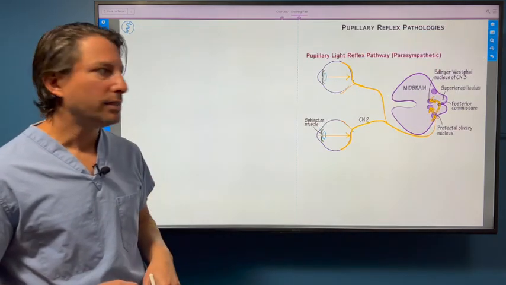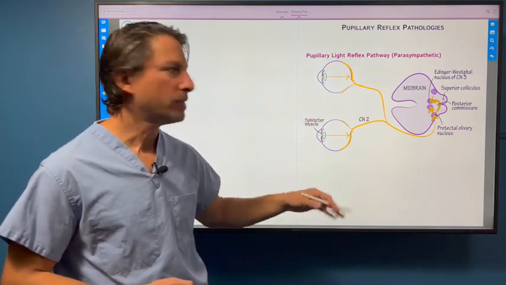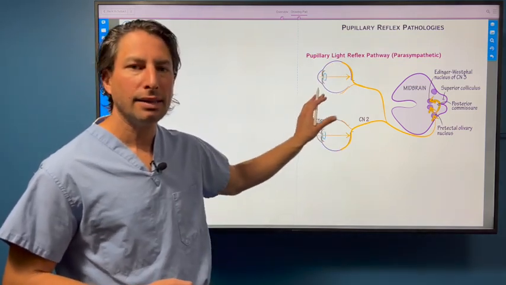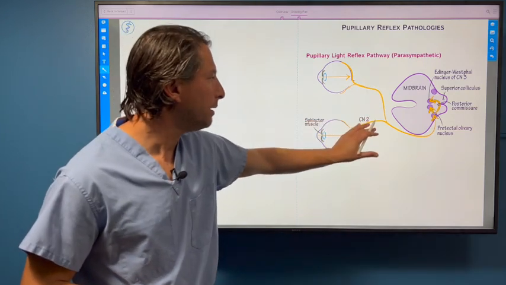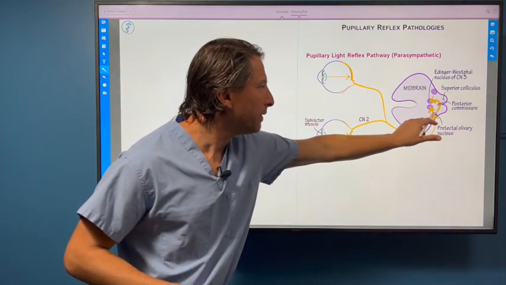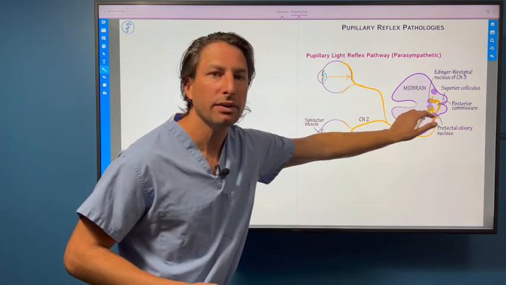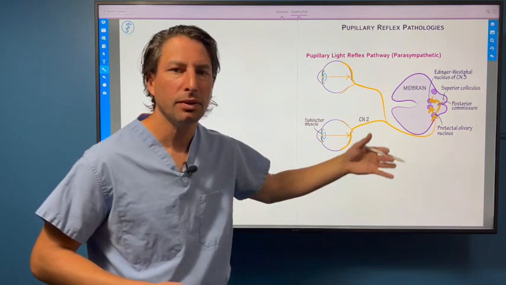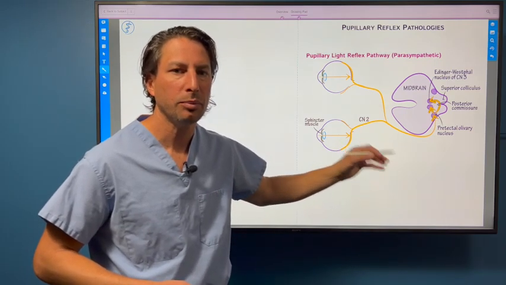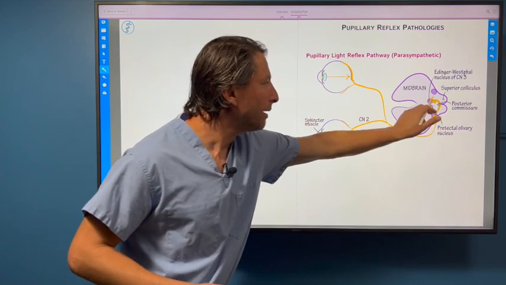Pupillary reflex pathologies. So let's walk through the pupillary light reflex pathway. So eye stimulus comes in, hits the retina, and then it innervates via the pretectal olivary nucleus, this Edinger-Westphal nucleus of cranial nerve 3. That's the autonomic visceral motor innervation of cranial nerve 3, pupillary constriction, and we see that it has bilateral innervation.